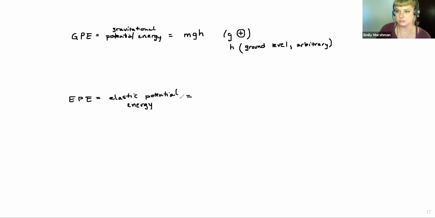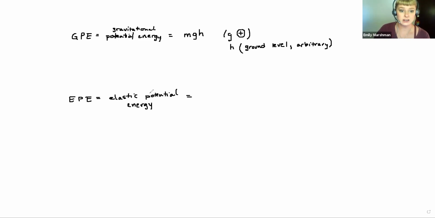The best example of this is the energy that's stored in a spring that has been compressed or stretched. When you compress a spring, you feel like that spring wants to release its energy. When you stretch the spring, right, the spring always wants to pull the object back into the equilibrium point, or the point where the spring is neither stretched nor compressed, right?